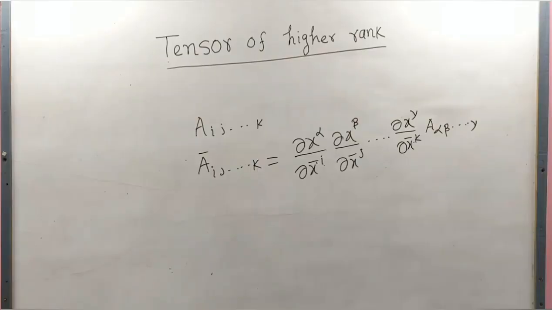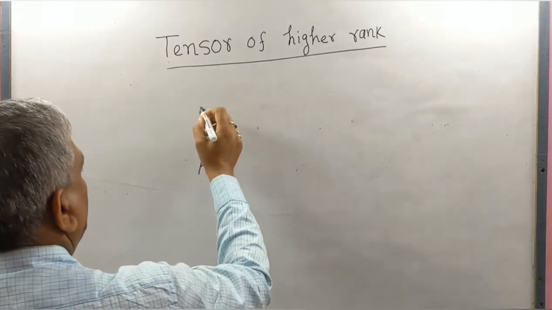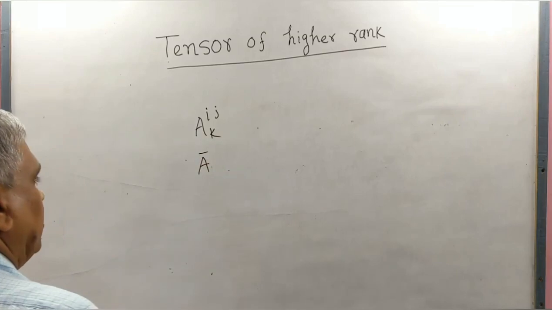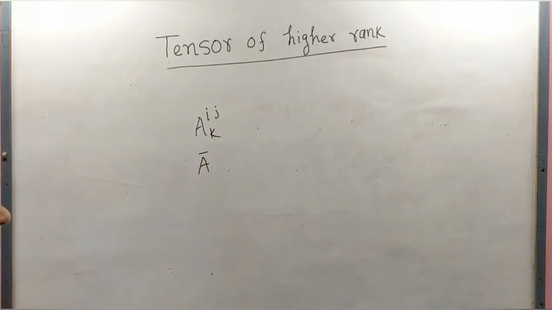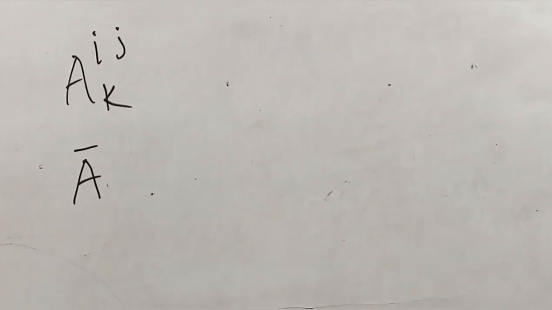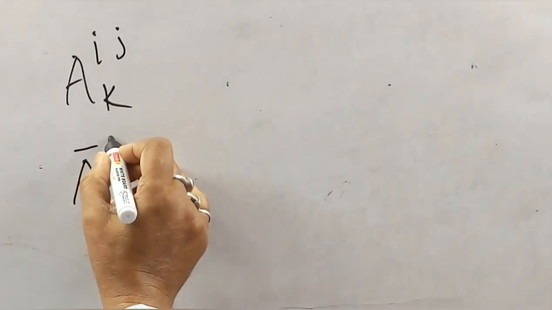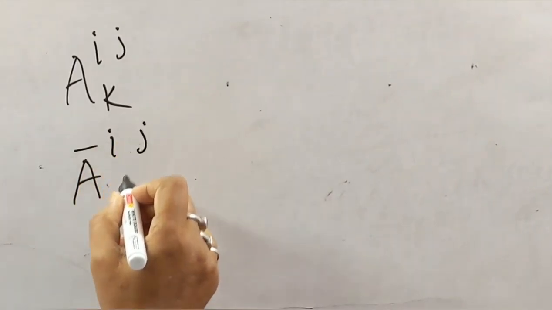Now we shall discuss a tensor of higher rank for mixed tensors. Let A^{ij}_k be a mixed tensor in X system of coordinates. Its corresponding value in X bar system of coordinates be A bar ijk.